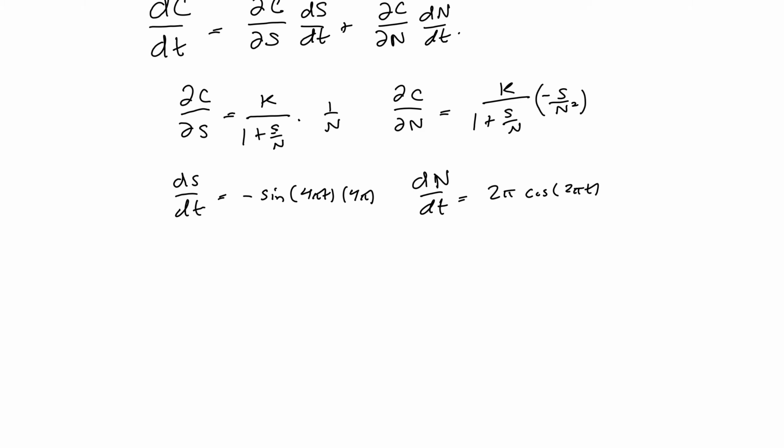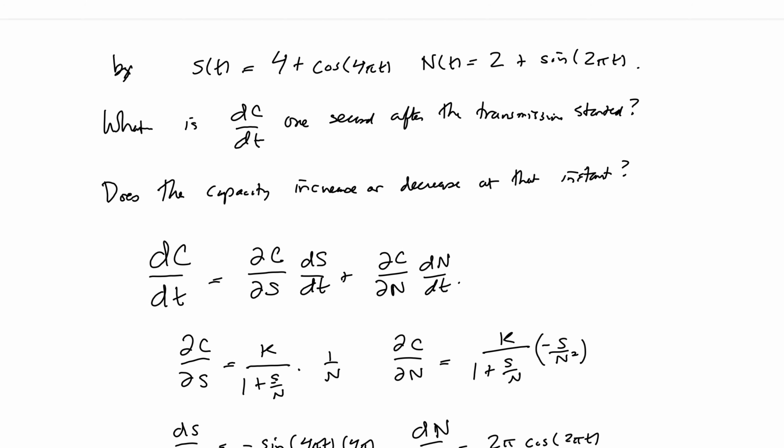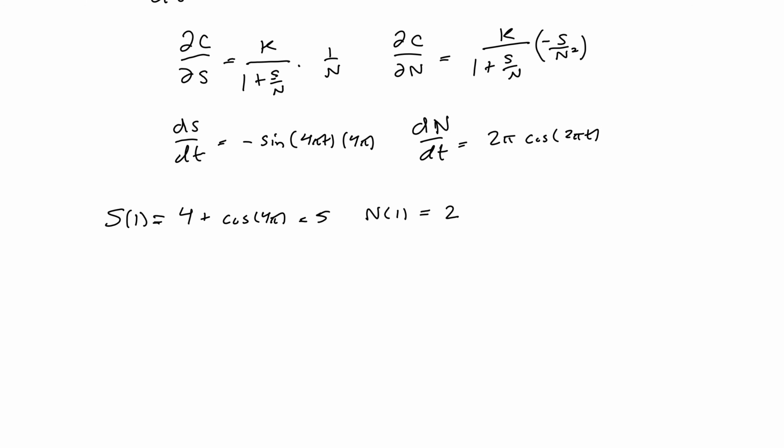So then we want to evaluate these at t equals 1. Notice first, S of 1 is 4 plus cosine of 4 pi, which is 5. N of 1 is just 2, since sine of 2 pi is 0. So ∂C/∂S at t equals 1 is K over 1 plus 5 halves times 1 half.